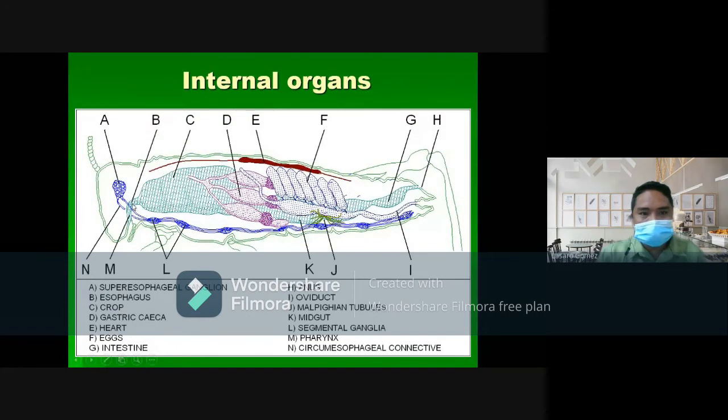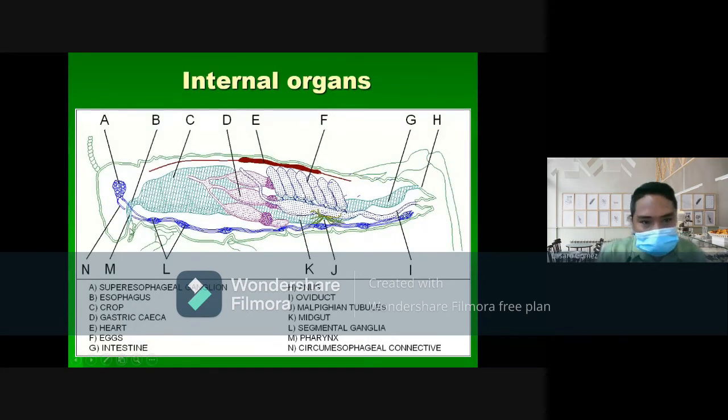Sorry, this is the esophagus. Okay, esophagus. So they call this the supraesophageal ganglion. Then what attaches to the supraesophageal ganglion is what we call the segmental ganglion, like nodes. It is what we call the segmental ganglion.